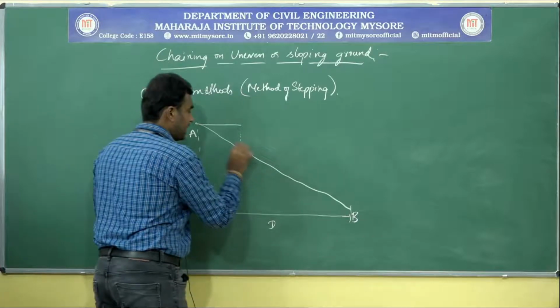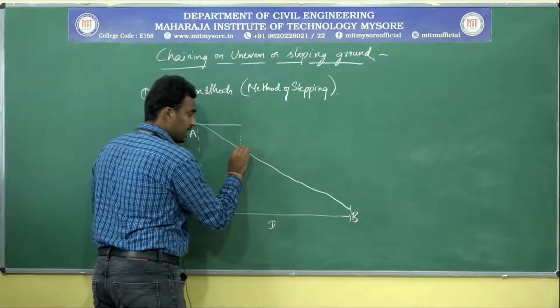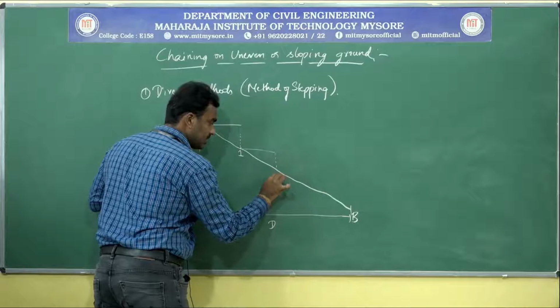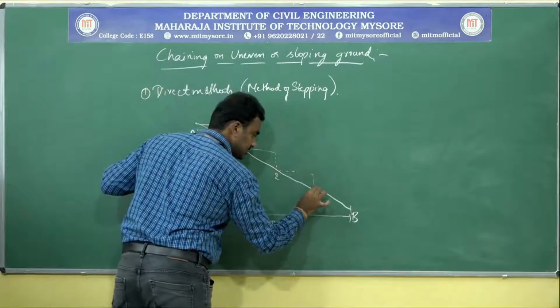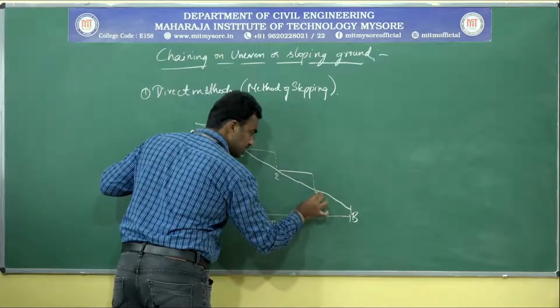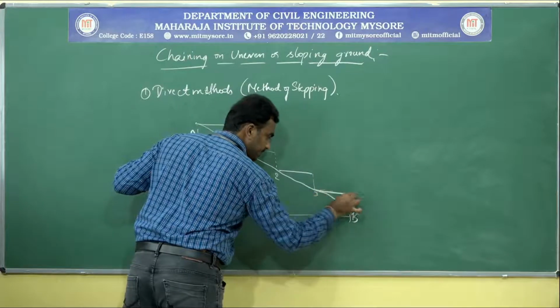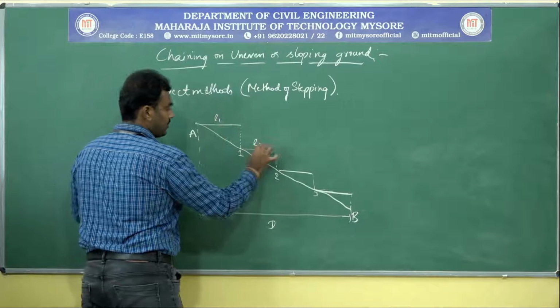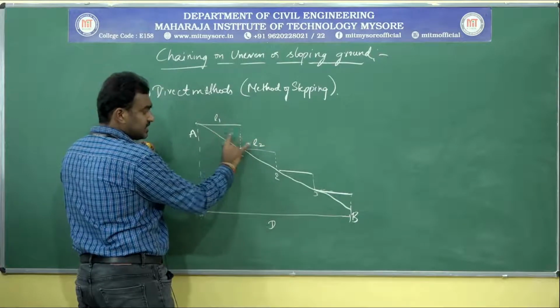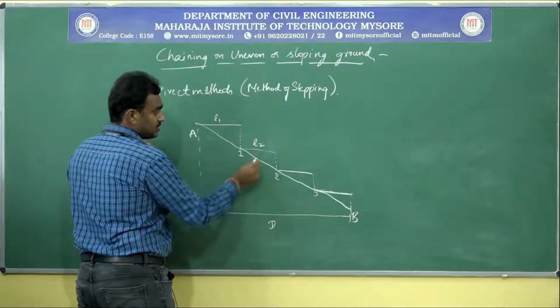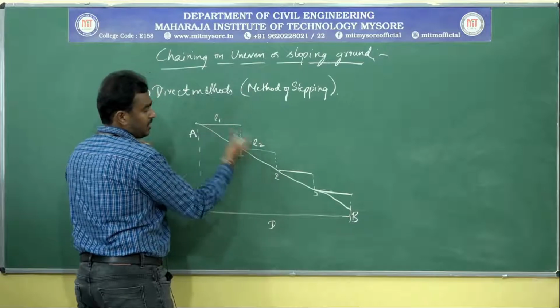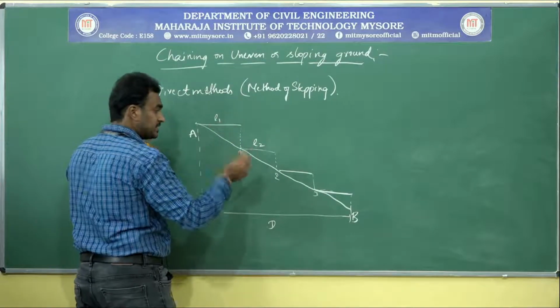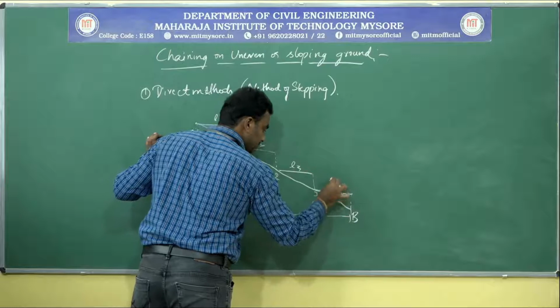Likewise, the follower will come here, the same procedure repeats, point 2. Then the follower comes here, the same procedure repeats, point 3. Finally, it will come here. The distance might vary based on the ground terrain; the leader might choose any distance, L4.